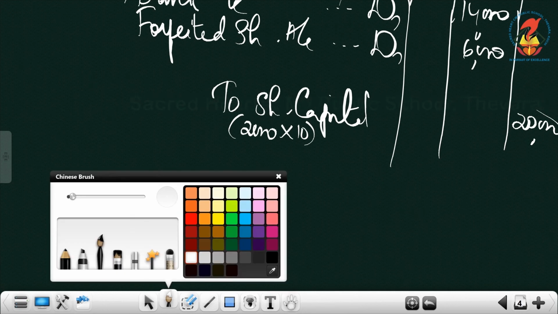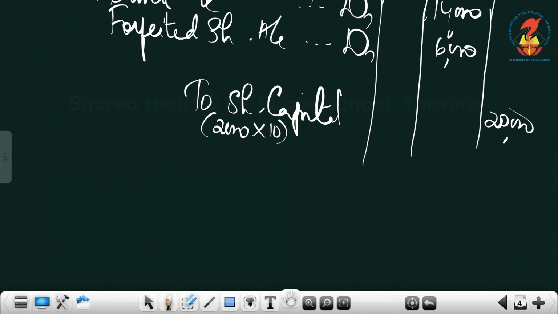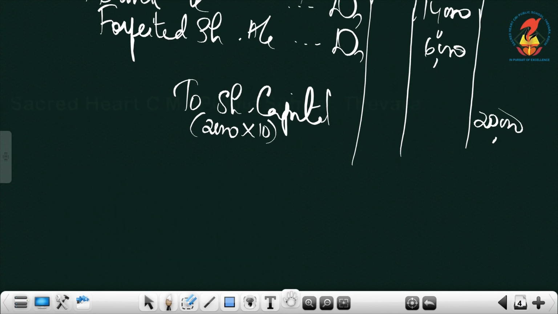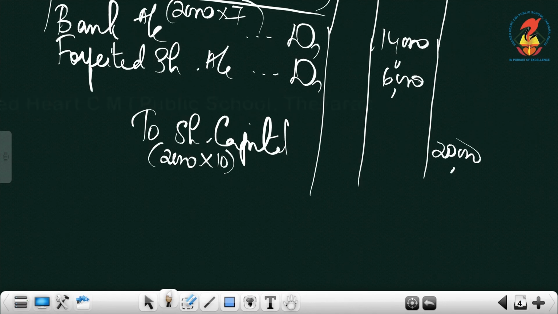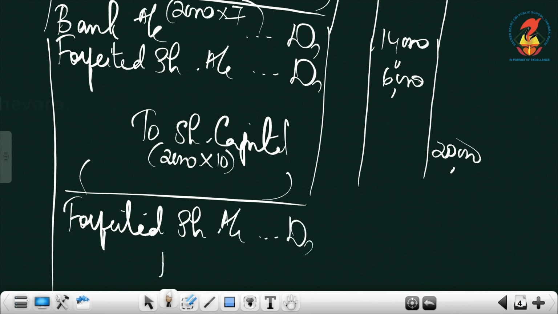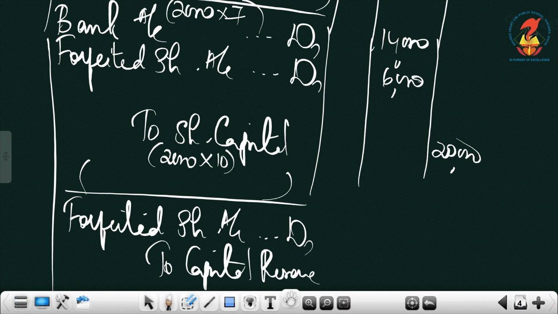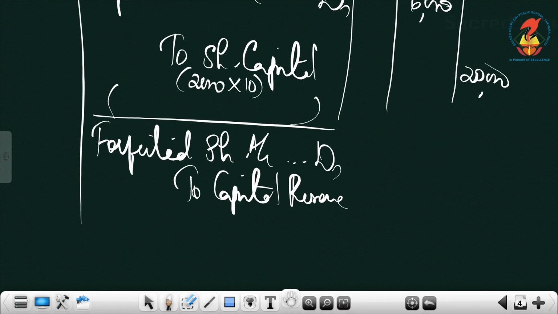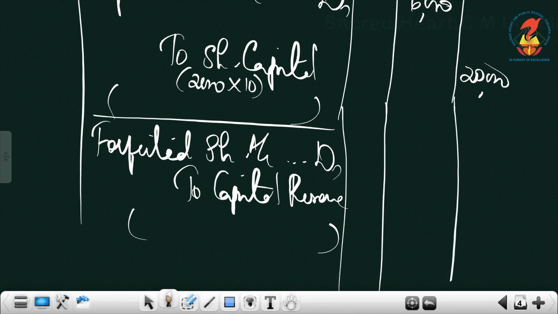So the entry is forfeited shares account debtor to capital reserve account.